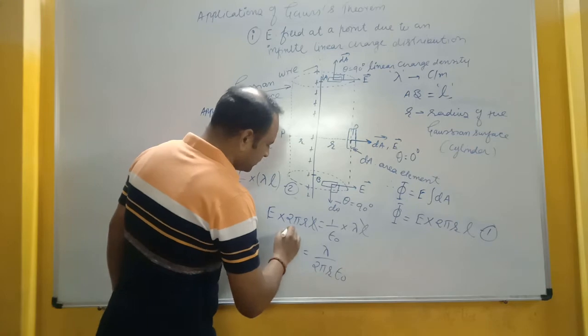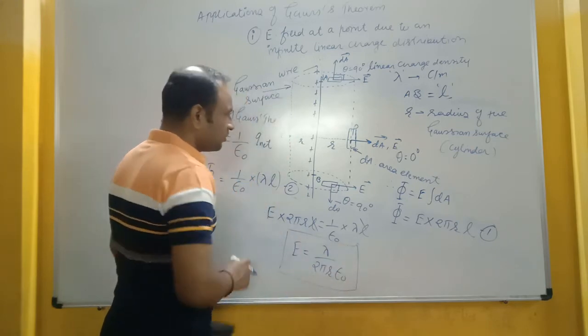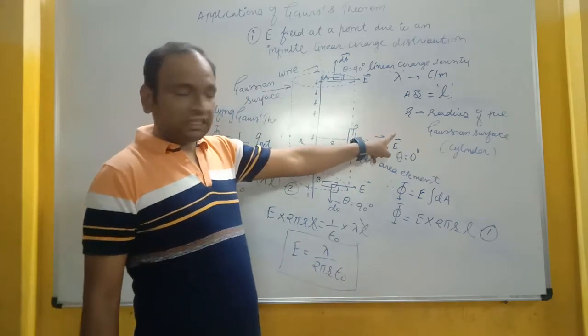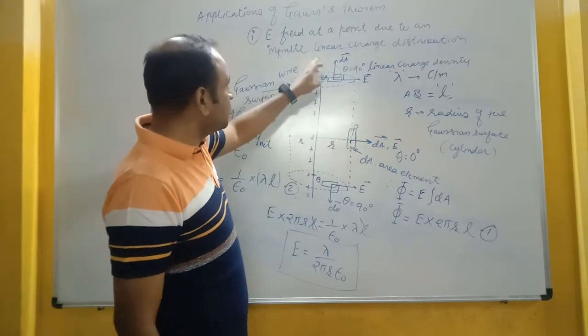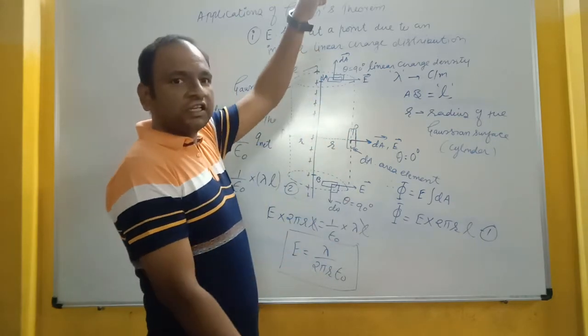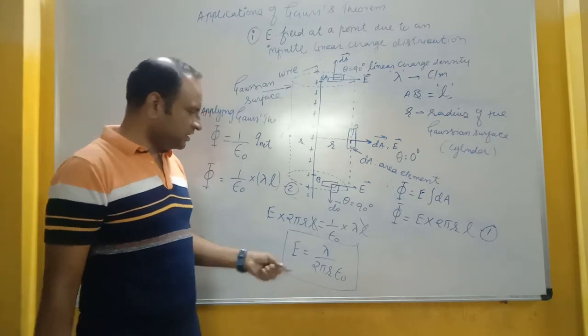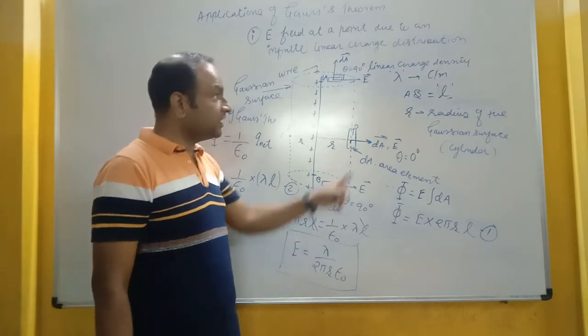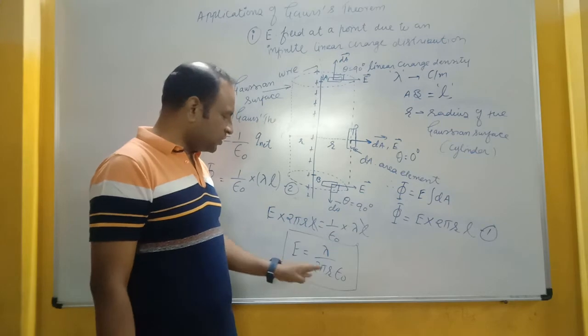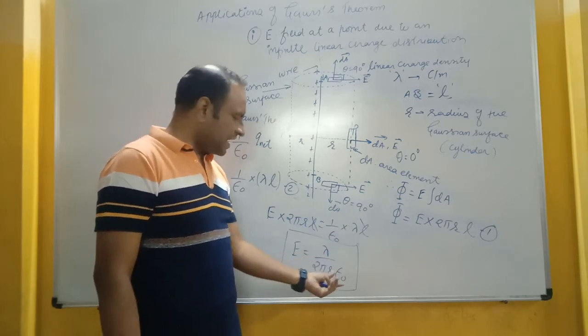This is the beautiful expression for the electric field intensity at a point because of an infinitely large linear charge distribution. If you look here, lambda is constant, the linear charge density is constant, 2 pi is constant, epsilon 0 is constant.